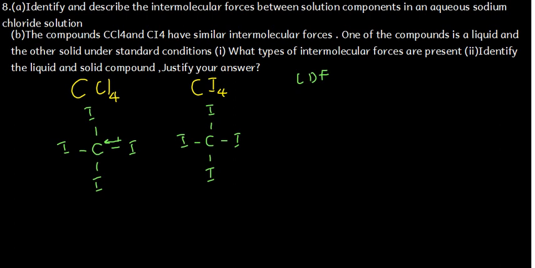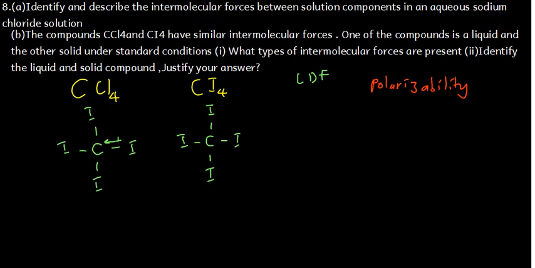Now the second question we have, identify the liquid and the solid compound. Justify your answer. How do we identify which one is going to be a solid and which one is going to be a liquid? So that has to do with the concept of polarizability. Polarizability is simply the ease with which electron cloud can be distorted.